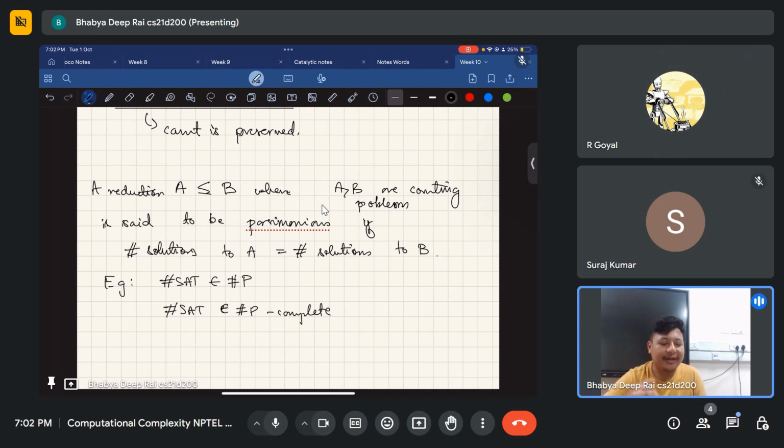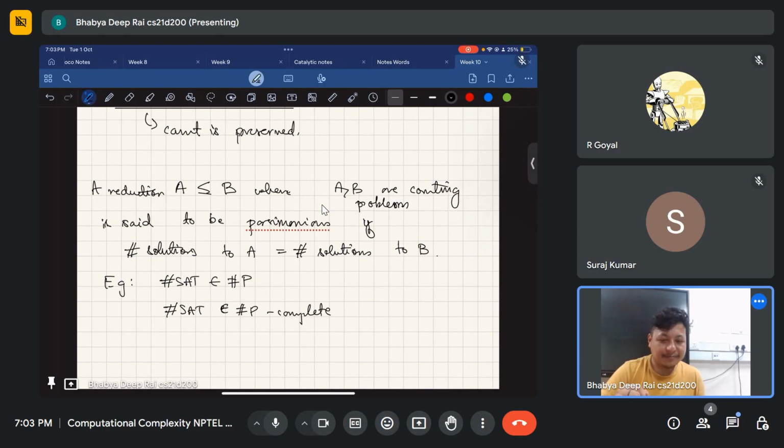And then later you have the permanent, perfect matchings and so on, and all of them have parsimonious reductions with each other. But of course there are a lot of cases where we don't know parsimonious reductions.